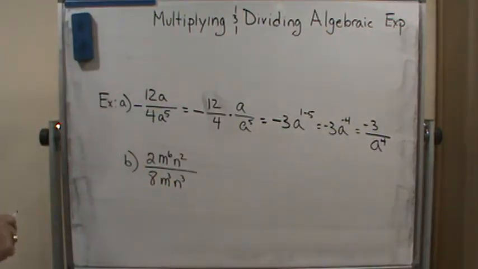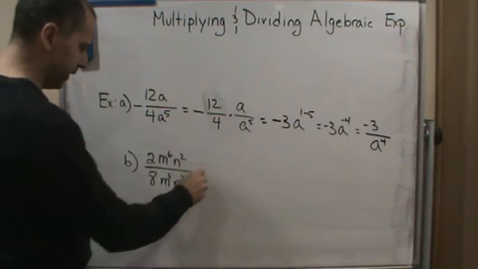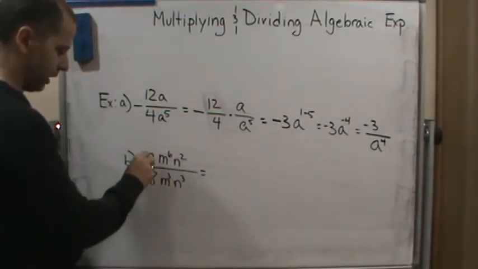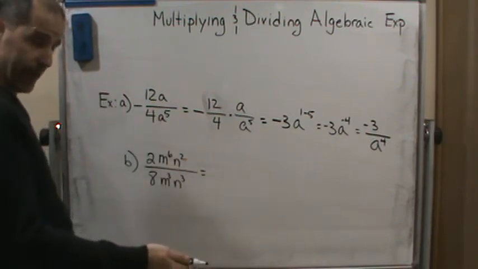Now let's do this one. We're going to do the same thing. I'm going to split it up and take care of the coefficients first: divide constants, subtract exponents.